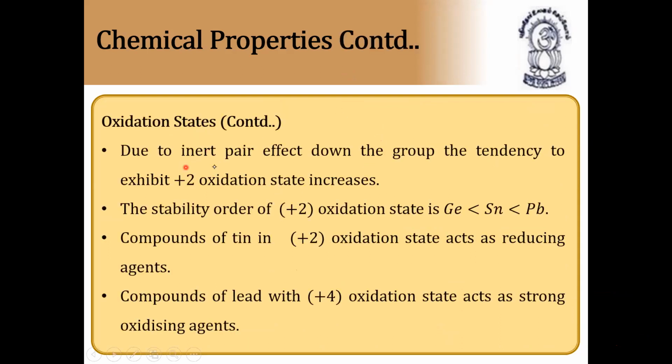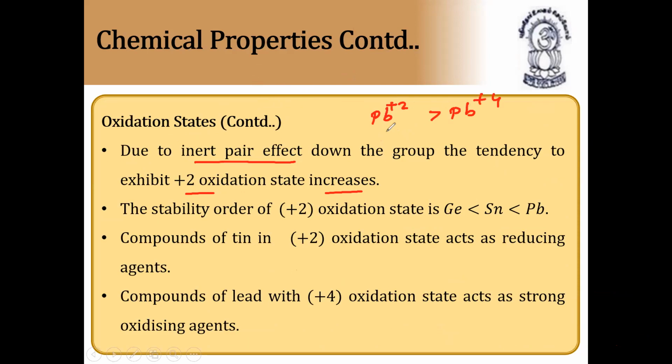Oxidation state due to inert pair effect, very important. Here also, as I told you, inert pair effect plays a key role in p block elements. For all p block elements, inert pair effect exists. Due to inert pair effect down the group, the tendency to exhibit plus 2 oxidation state increases. So lead is more stable in plus 2 than plus 4.